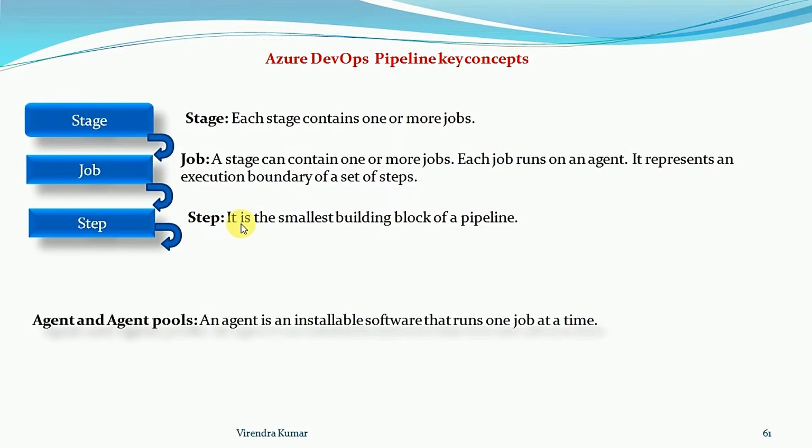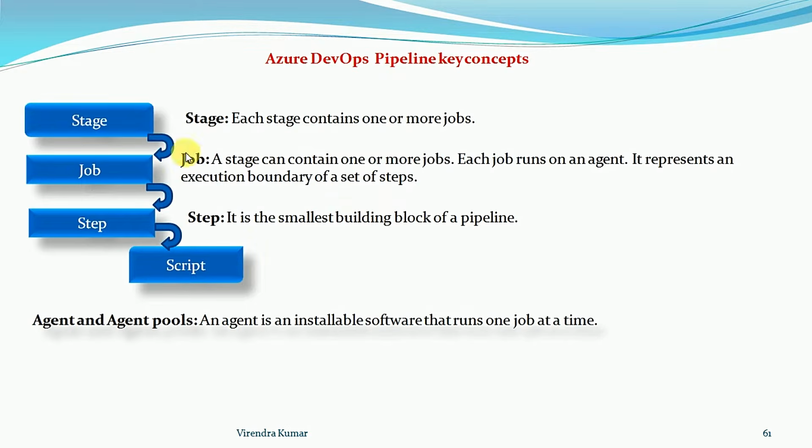And what is the step? The step is the smallest building block of the pipeline. In the step, we define our script, the smallest task. Suppose we have the build stage. Under the build stage, we design one job for the building, and in the step we will do the Maven task.